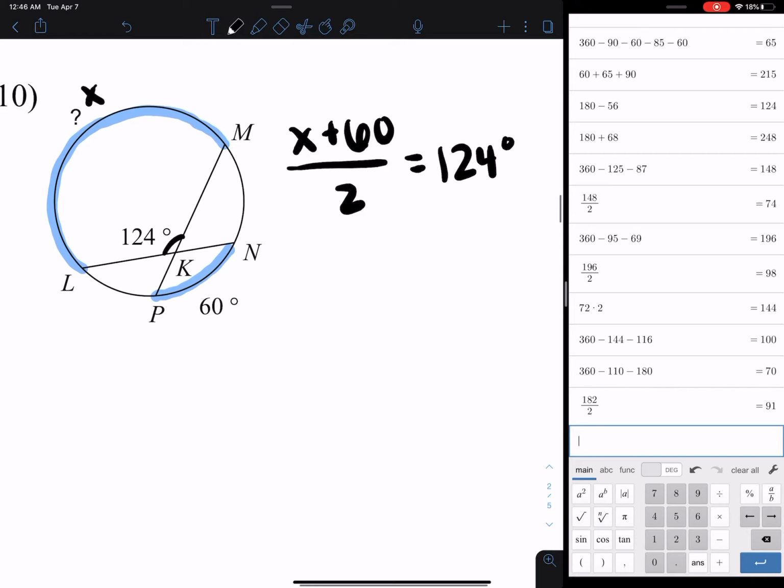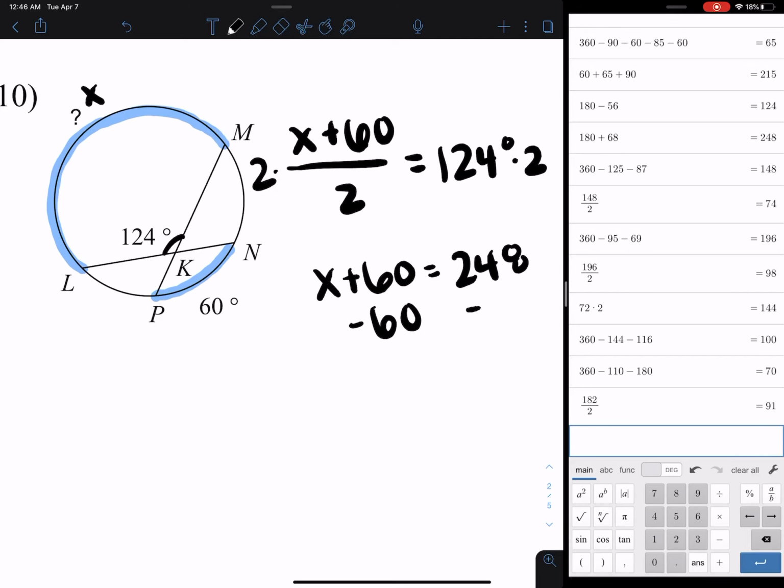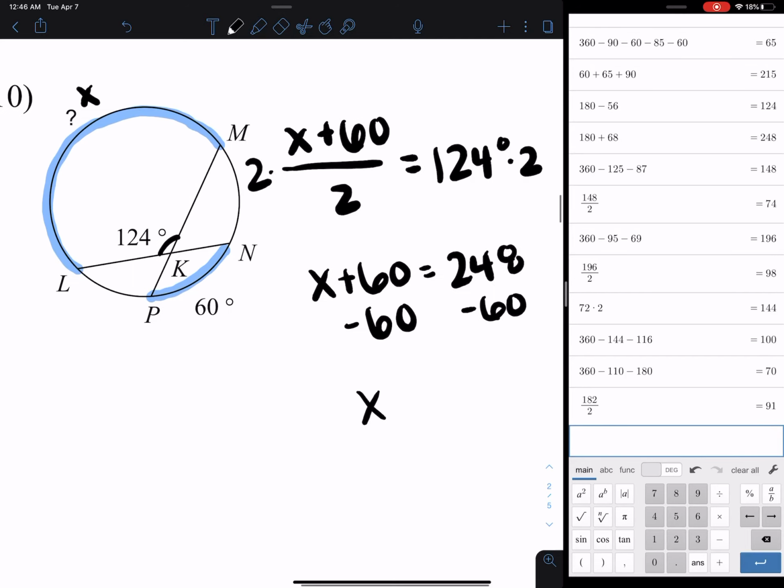So what we do here is we multiply by 2. We have X plus 60 equals 124 times 2. That would be 248. Then we subtract 60. So we get X equals 188. And that's this arc over here.